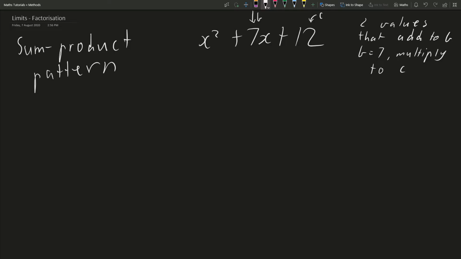So I'd like you just to think 5 seconds, two numbers that add to 7 and multiply to 12. And we know that'll be 3 and 4. So we write this out, x plus 3 and x plus 4. And that's how you factorize when two numbers add to b and multiply to c.